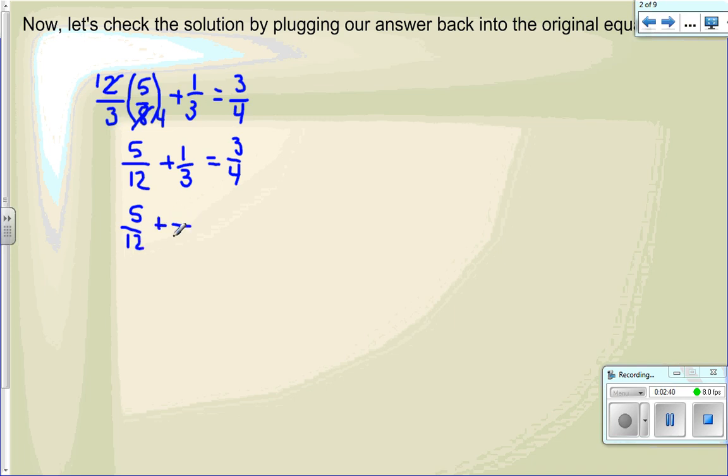So then this becomes 4/12 should equal 3/4. So now I have 5/12 plus 4/12, which gives me 9/12 should equal 3/4. And if I reduce 9/12, I get 3/4, which equals 3/4. So I check.